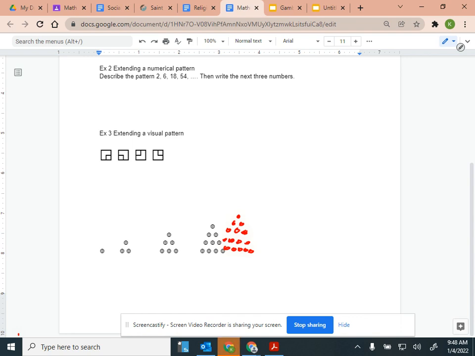So we look at our pattern. On the bottom row, we had 1, then we had 2, then we had 3, then we had 4, then we have 5. And it goes up into that pyramid from that. So what would our next figure look like? Anthony.